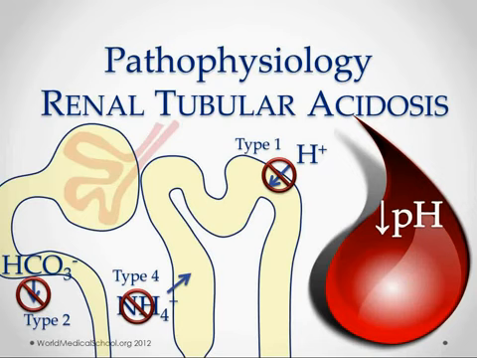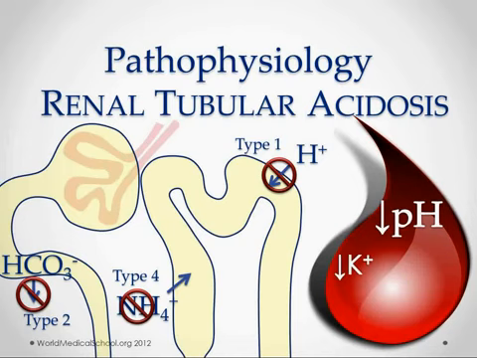Type 4 is a problem with aldosteronism, which isn't a problem in the renal tubules, so I'm not sure why we call it renal tubular, and it's not always going to cause acidosis. So it might not be in the renal tubules or acidosis, but we're going to call it renal tubular acidosis anyway.